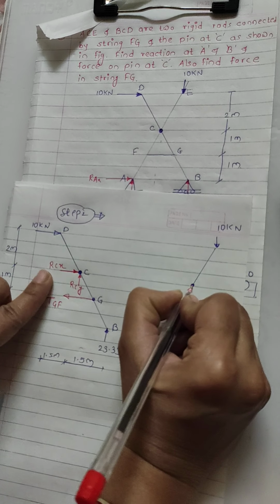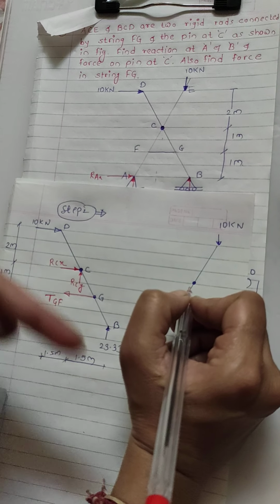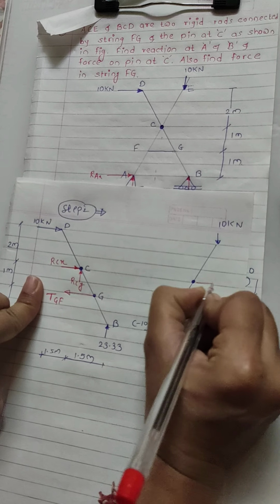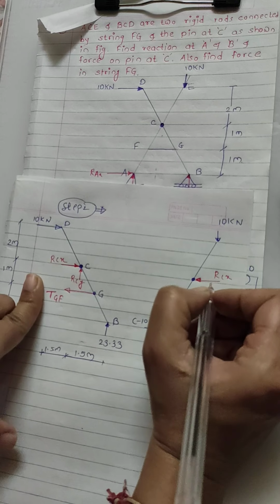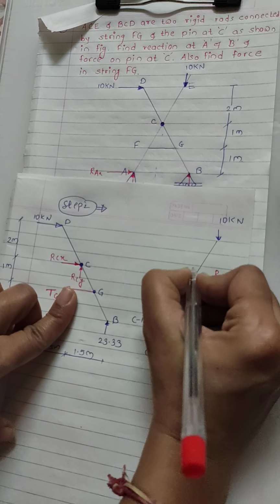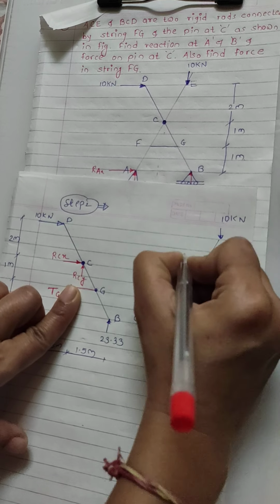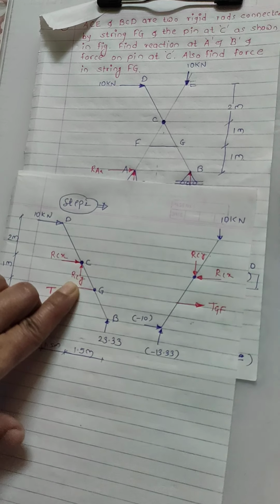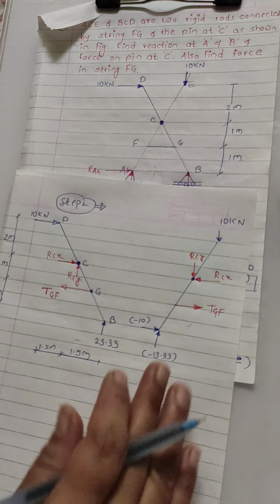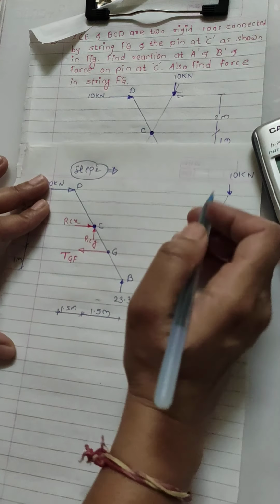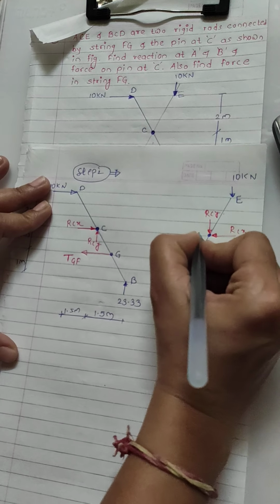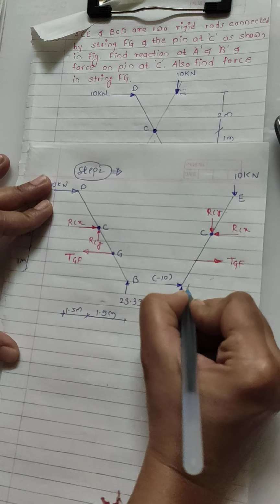And at C, since in the first member I assumed it is acting rightward, here I will assume it is acting leftward. RCY is acting upward, so here I will assume it is acting downward. Okay, dimensions are same. So out of these two members, I can consider any one for getting the required result.